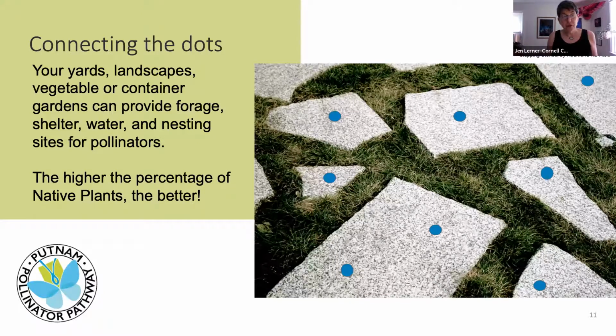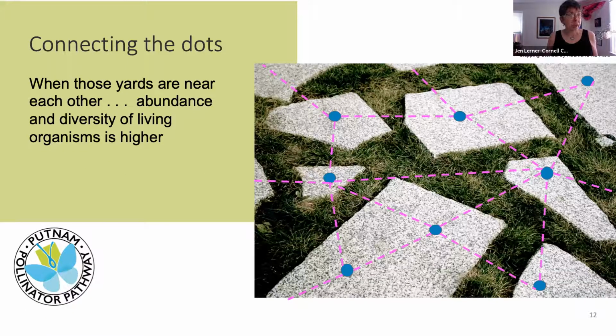The closer those stepping stones are, the shorter the distance that the birds and insects visiting those plants have to travel. When those yards are near each other, we do see an abundance and diversity of organisms that's much higher than if they're widely dispersed.